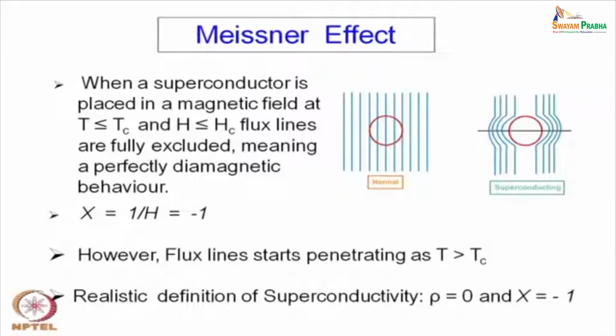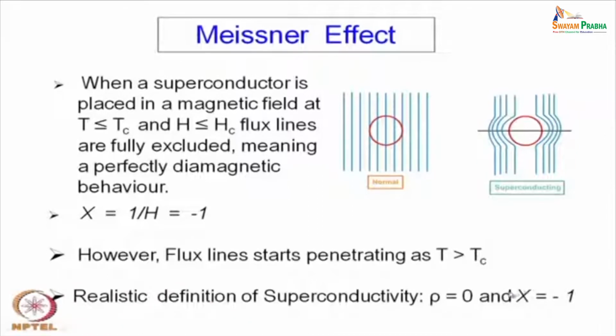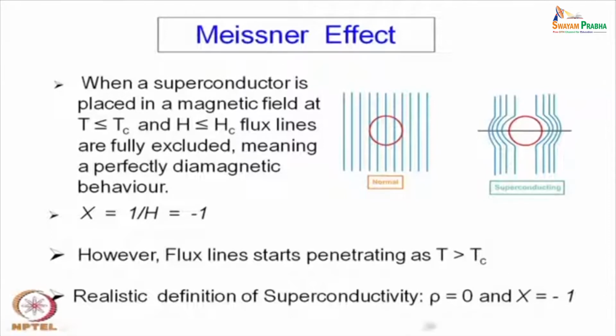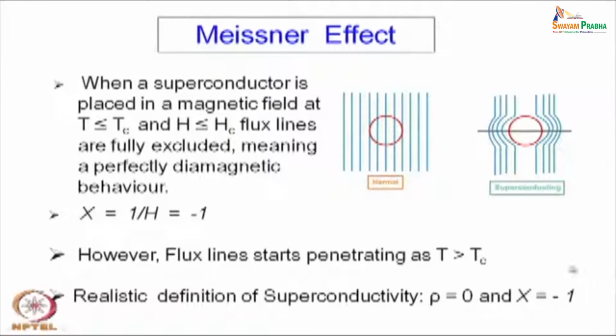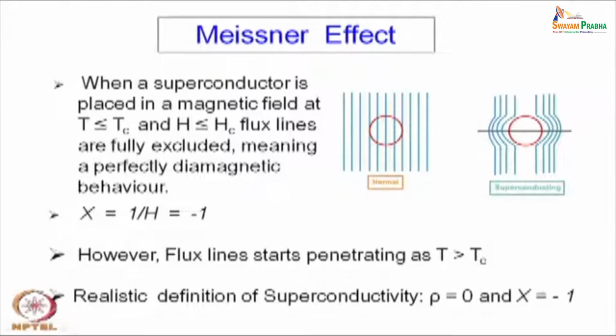So, these two parameters fully describe the superconductor. A superconductor must have 0 resistance as well as a susceptibility of -1. This is how one can modify our definition of superconductivity to some extent.